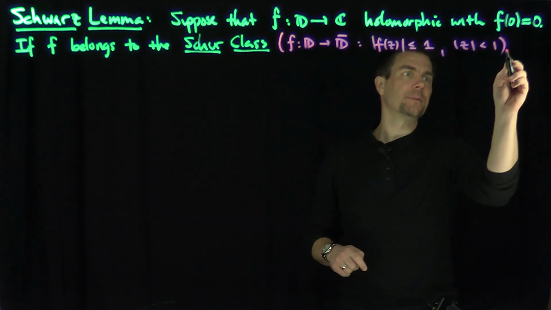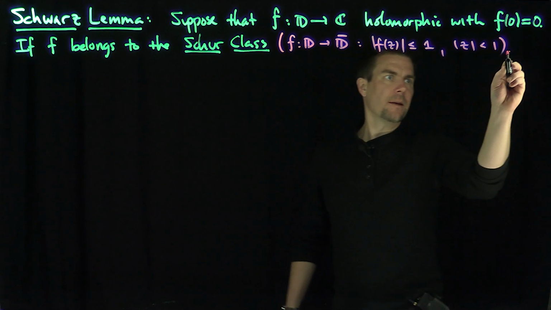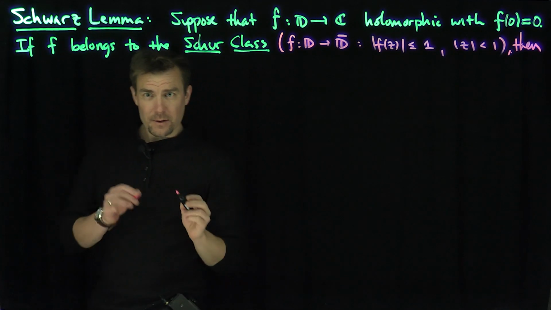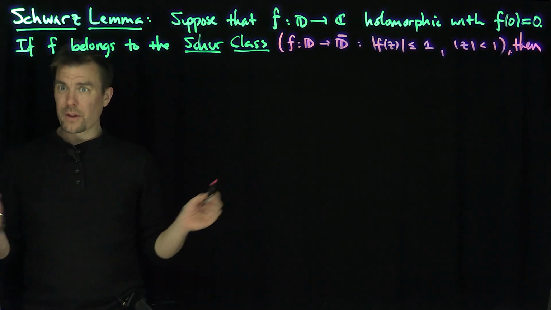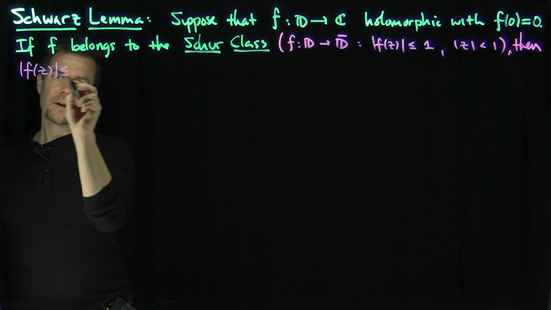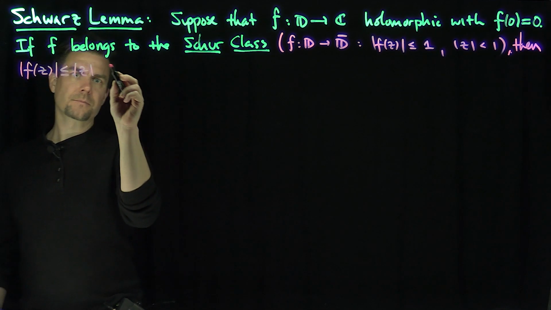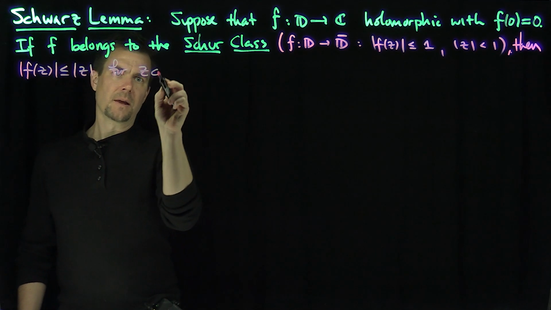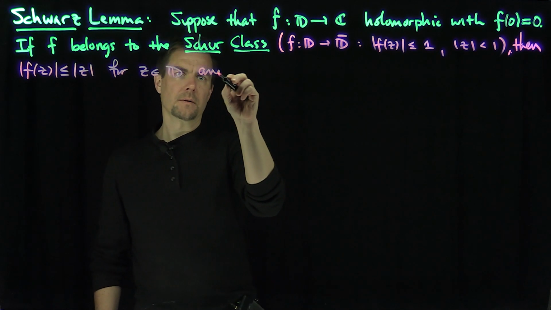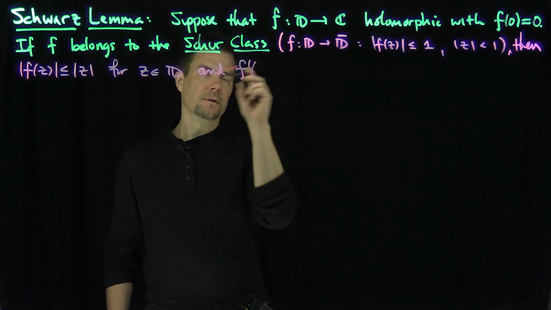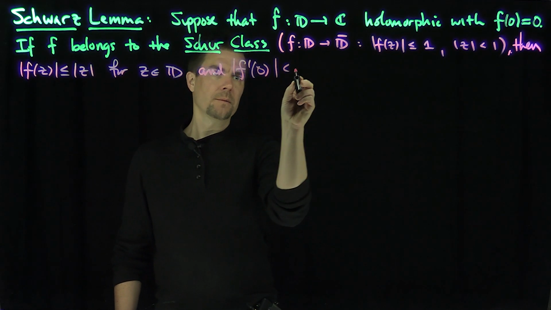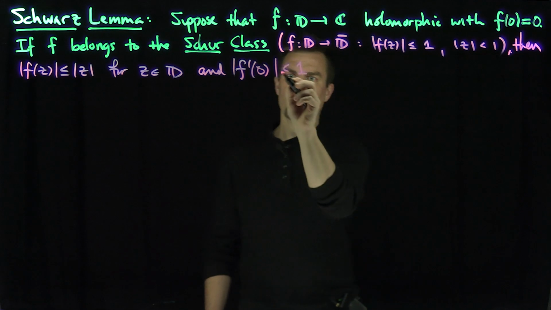So let's recall by the maximum principle, what's the conclusion? Then, what does the Schwarz Lemma tell you? Then the Schwarz Lemma tells you that the modulus of f can grow no larger than the modulus of z. Then, modulus of f of z is less than or equal to modulus of z for z in D. And modulus of f prime of 0 is less than or equal to 1.